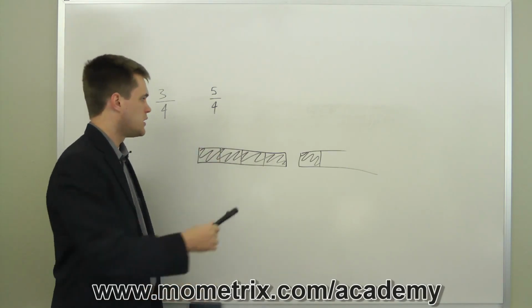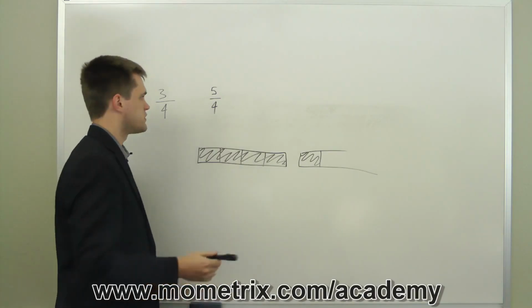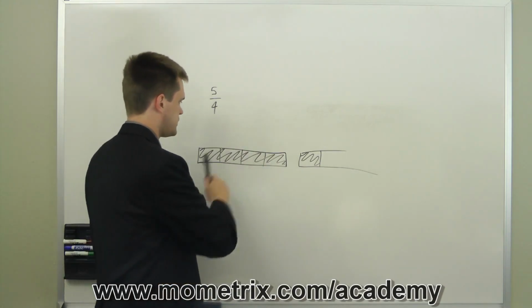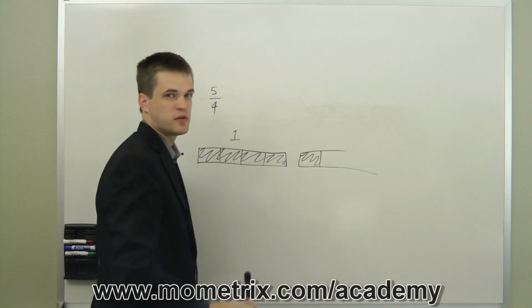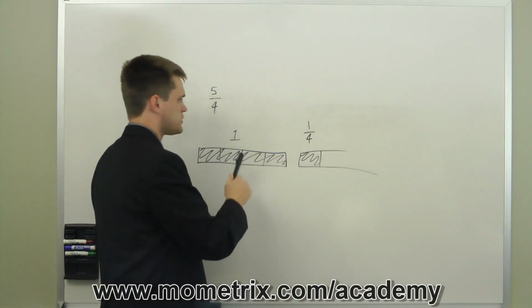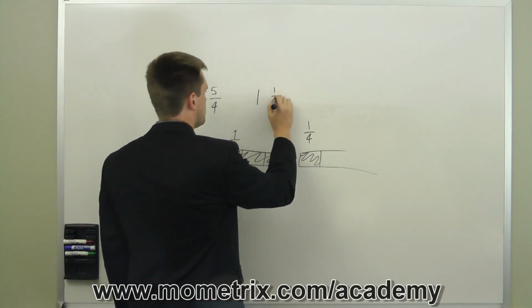Oftentimes, when you have a quantity like this, where it's greater than 1, you'll see what's called a mixed number. This is a whole, so we can call that 1. And this over here is another 1/4. So the way you'll see this written commonly is 1 and 1/4.